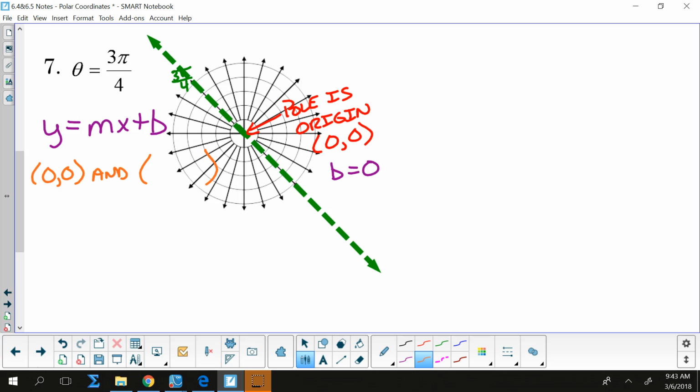It goes through this point right here. On the unit circle, 3 pi over 4 goes through that rectangular point, right? Negative root 2 over 2, comma, root 2 over 2.